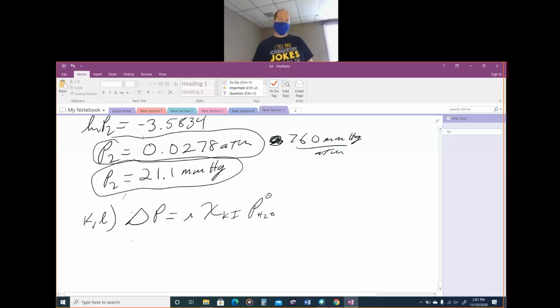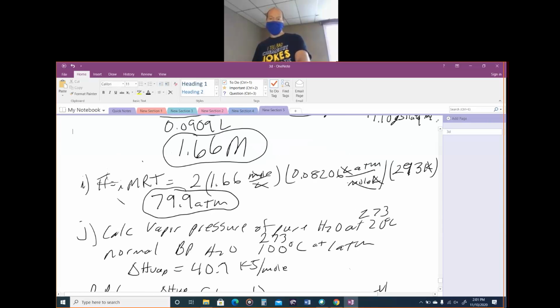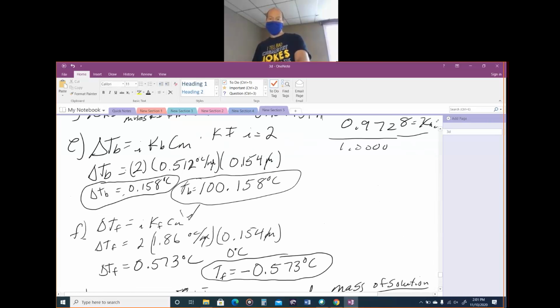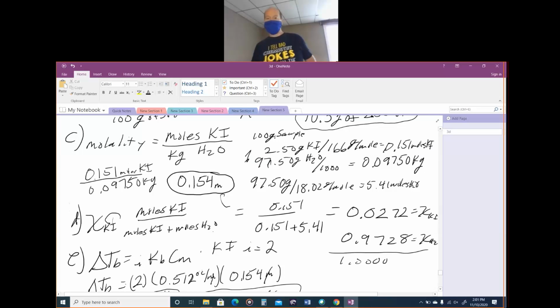All right, so the i value for KI is 2. The mole fraction of KI, if we scroll up, we already did the mole fraction of KI, and the mole fraction of KI is 0.0272.